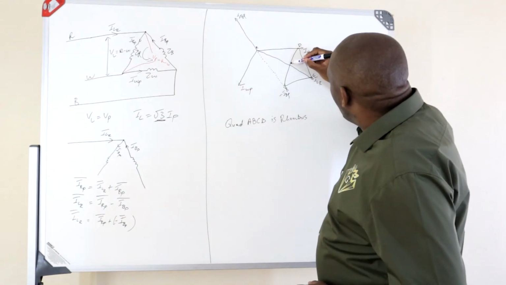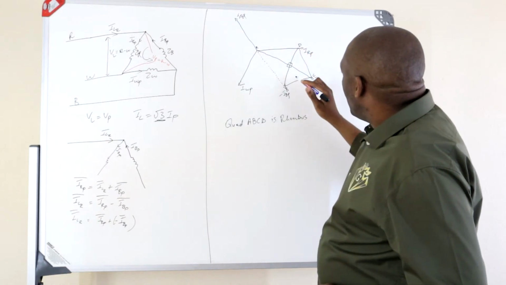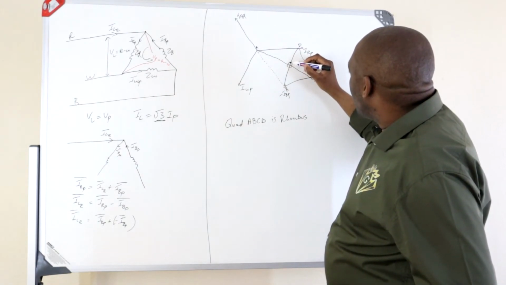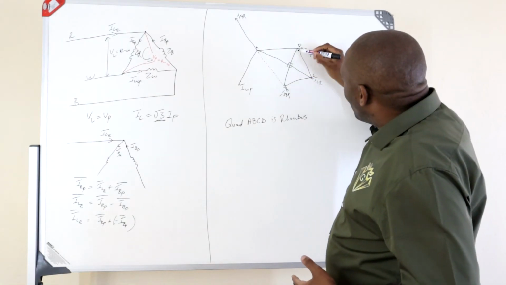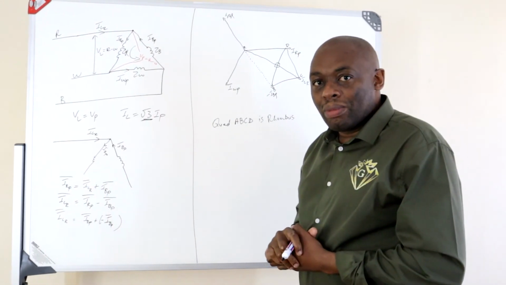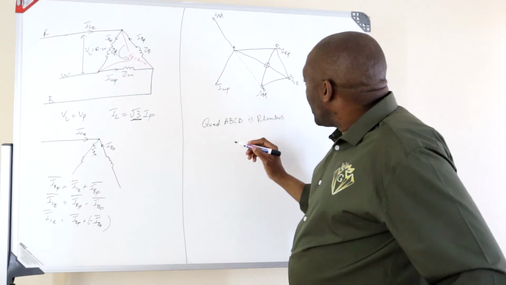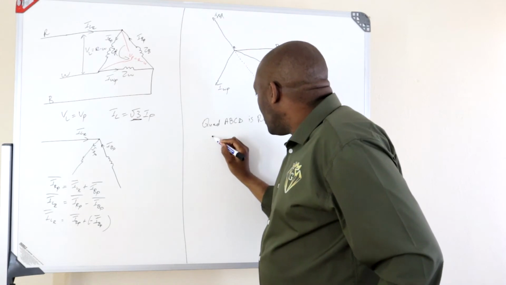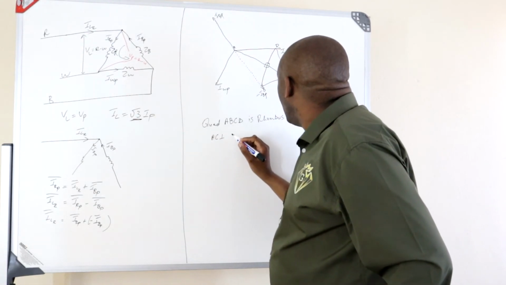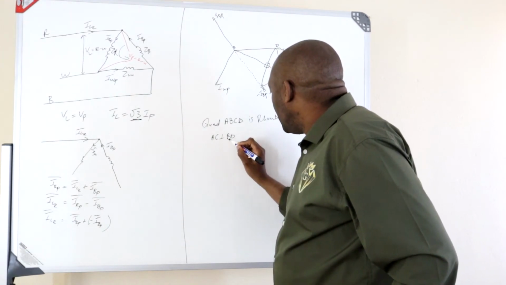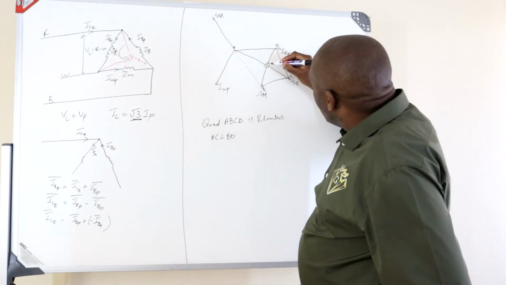Therefore, we will show that with 90 degrees. This is 90 degrees, 90 degrees, 90 degrees, 90 degrees. Therefore, the diagonals are perpendicular to each other, so AC is perpendicular to BD.